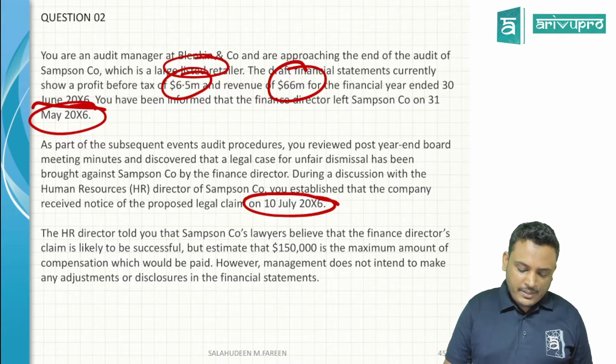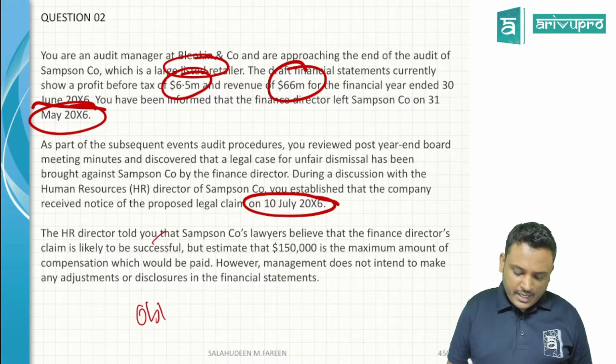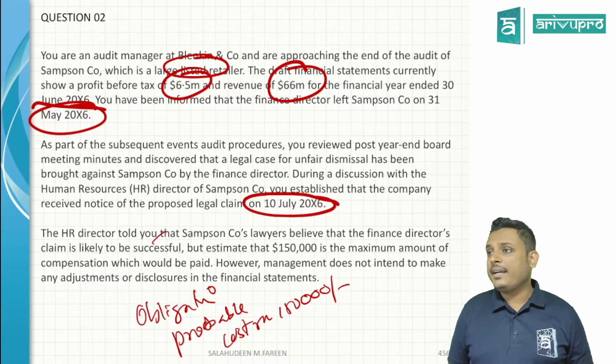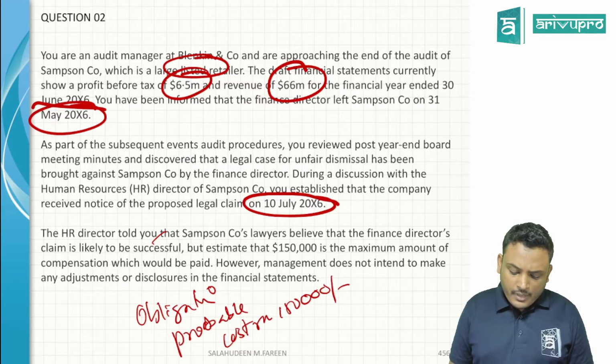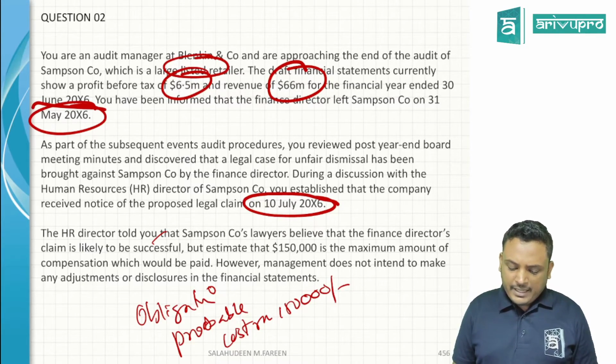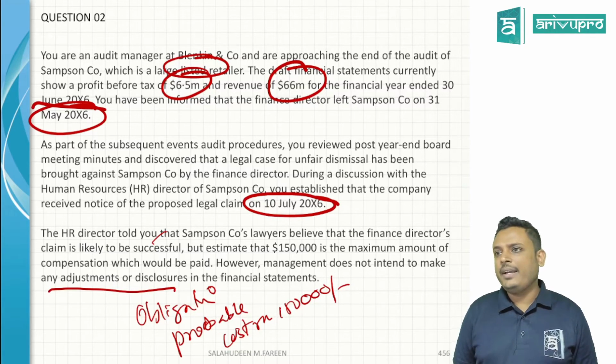Therefore, the obligation is there. This obligation is probable, and the cost is reliable at 150,000. So a provision needs to be recognized. The best estimate is 150,000, the maximum amount of compensation which would be paid. However, management does not intend to make any adjustments or disclosure in the financial statement.